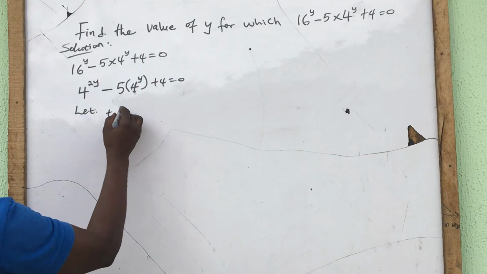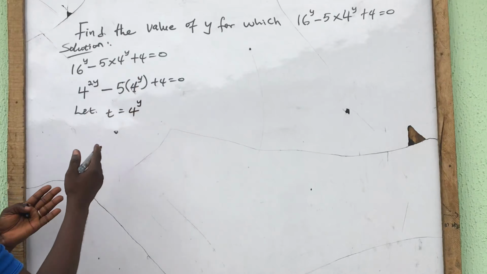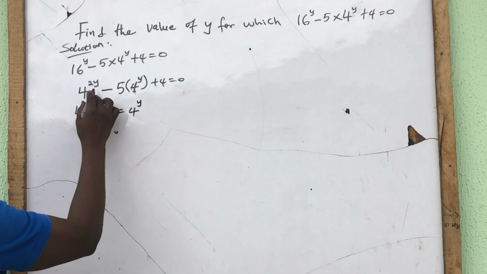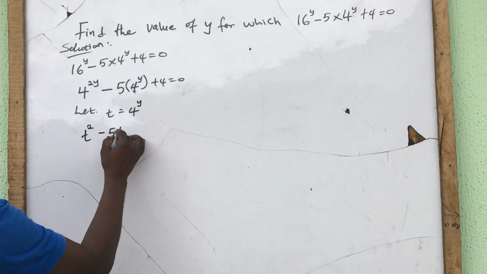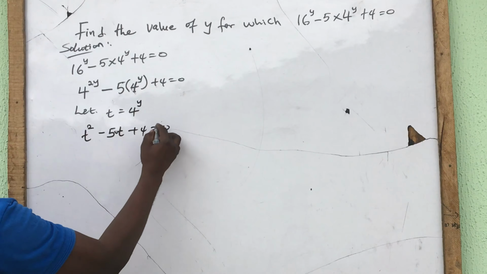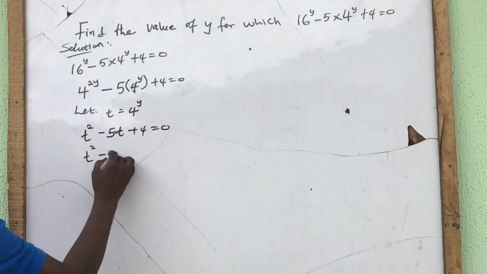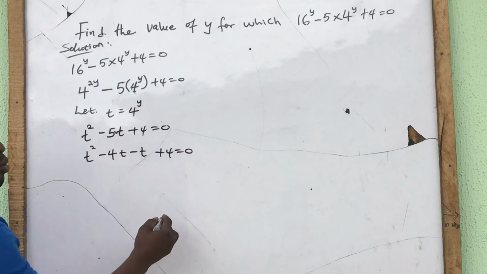Then let t equals 4 raised to power y. With this, you can substitute t for 4 raised to power y, meaning you have t squared minus 5t plus 4 equals 0. From that, this is t squared minus 4t minus t plus 4 equals 0.